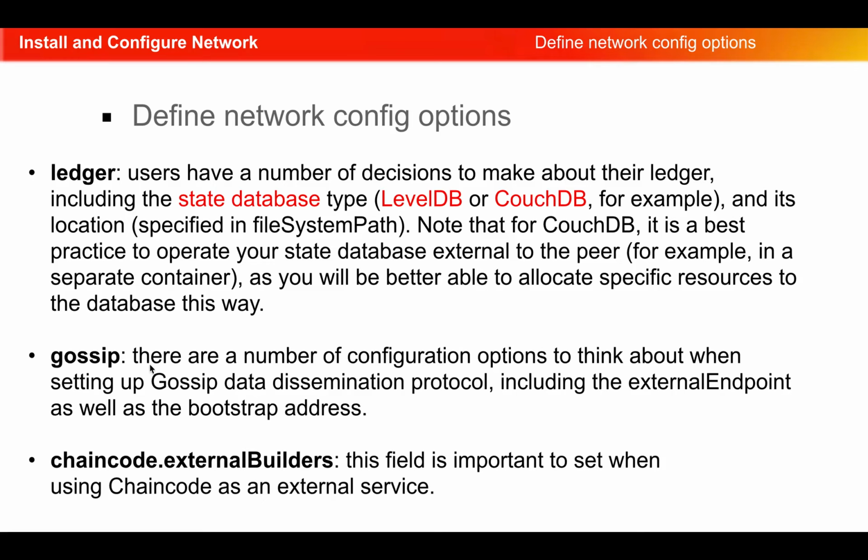You have another property, gossip. The gossip data dissemination protocol is very much necessary for communicating between peers and with other peers as well. You have chaincode.externalBuilders. This field is important to set when using chaincode as an external service.